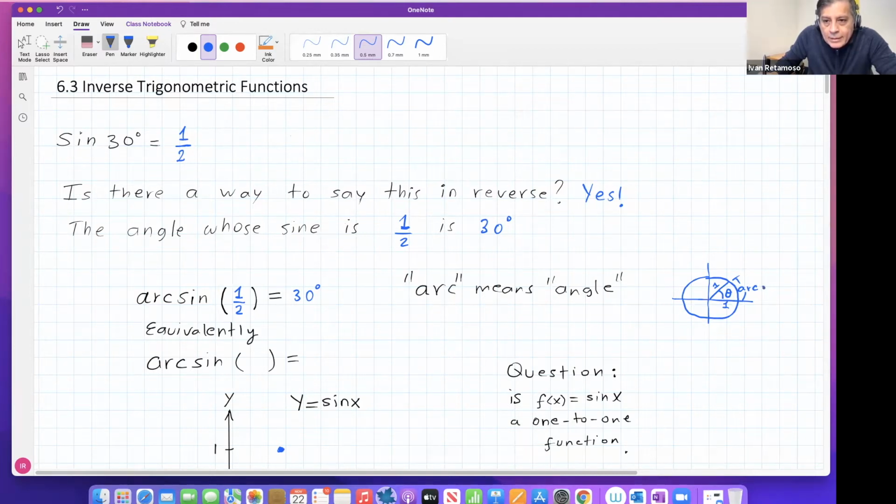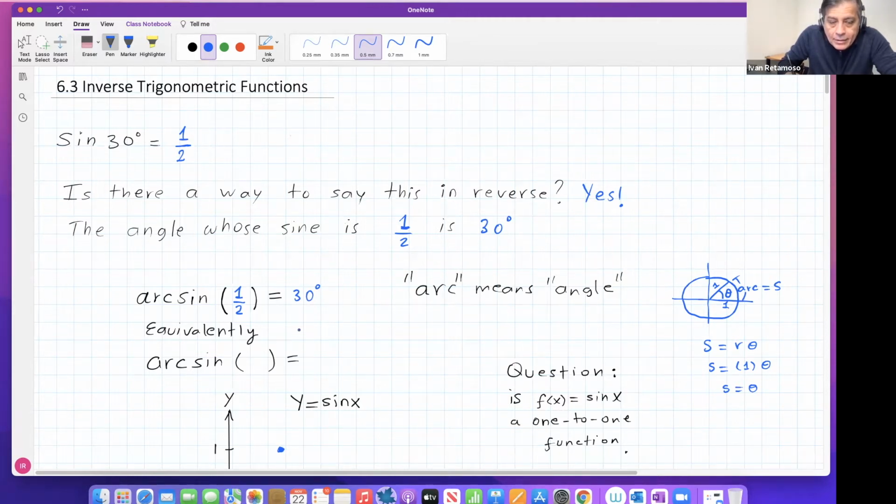Let's say this arc is represented by the letter S, S equals R times theta. But if R is 1, notice S equals theta. So there is a one-to-one correspondence between the arc and the angle. So mathematicians use this word arc to refer to the angle, right? The angle whose sine is 1/2 is equal to 30 degrees, okay?